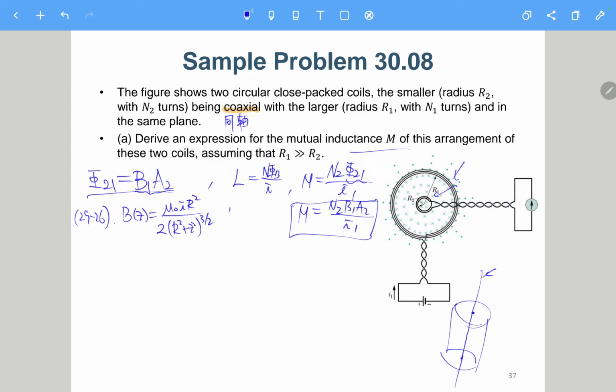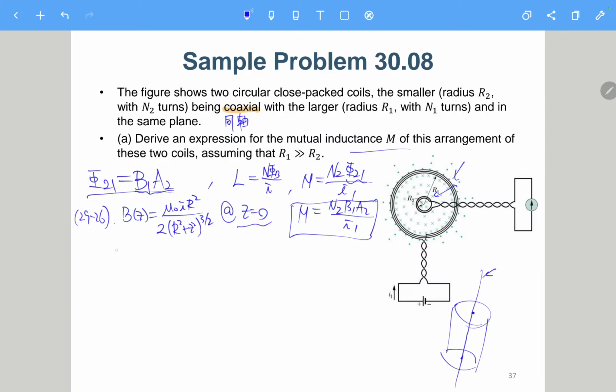Here we try to make Z to be 0, because in this question it said that these two coils are at the same plane, which means that the Z direction you can regard as the direction pointing out of the page. So as much as they are on the same plane, here we have Z equals 0. So we just substitute Z equals 0 here.